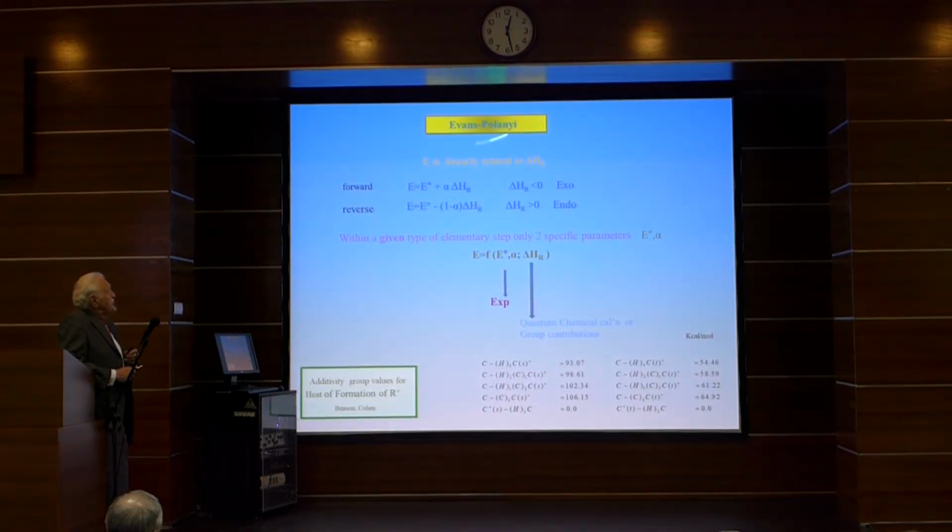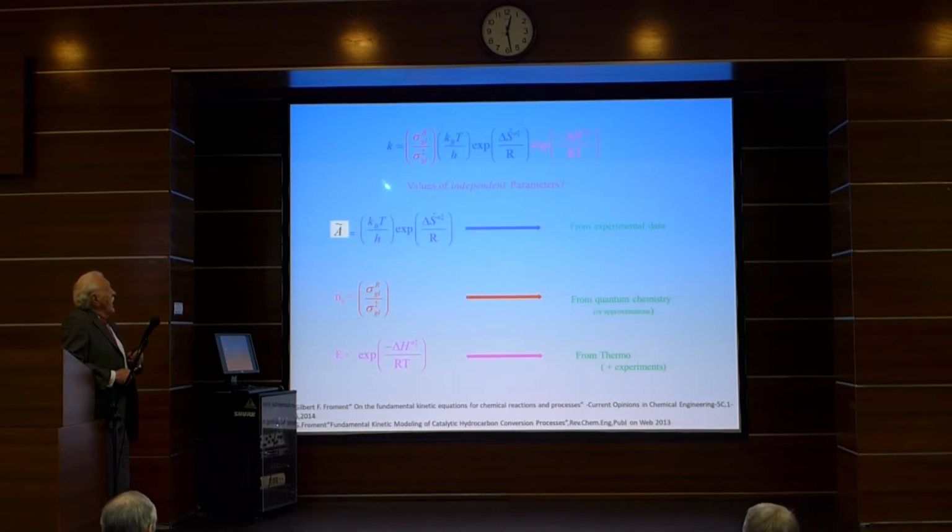That is the Evans-Polanyi relation that I referred to, and it says that the activation energy is linearly related to the heat of reaction. And the heat of reaction is a property that is well documented in the literature and that you can find in any book on physical chemistry.